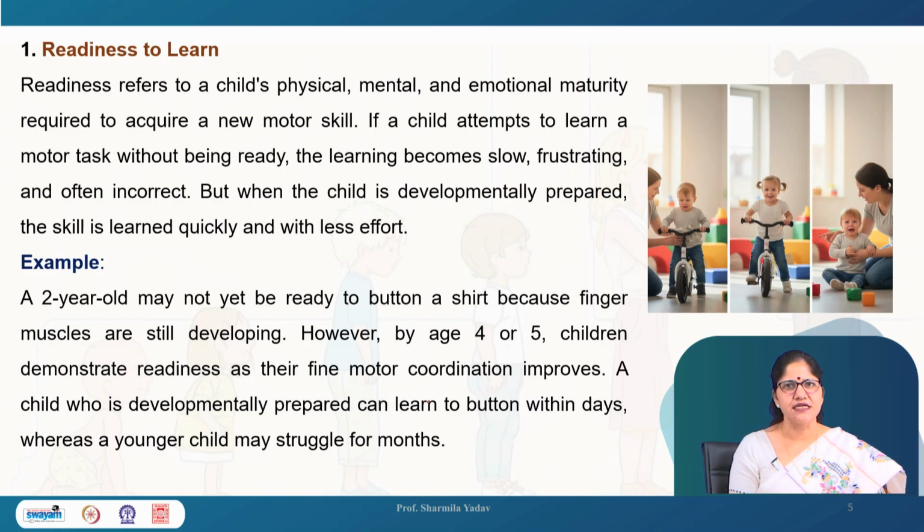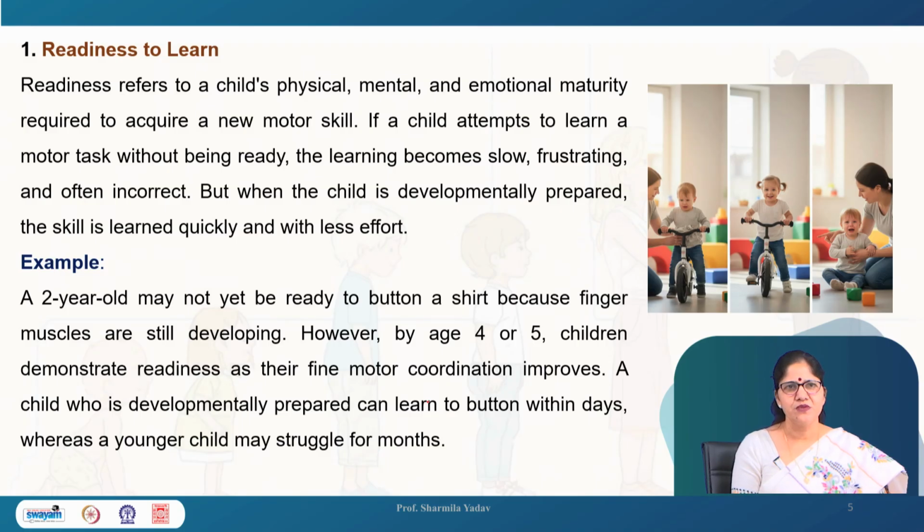If a child attempts to learn a motor task without being ready, the learning becomes slow, it becomes frustrating, and often incorrect. But when the child is developmentally prepared, that age is achieved, that maturation within the body is gained, then the child learns quickly and with less effort.